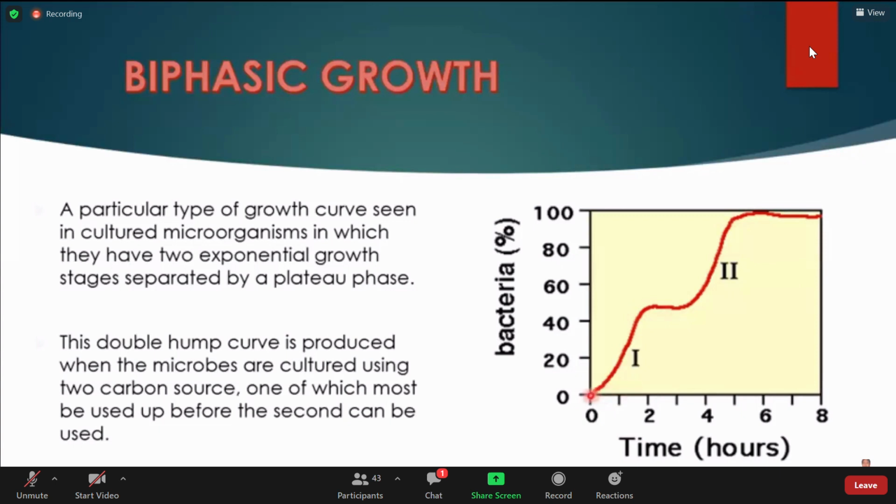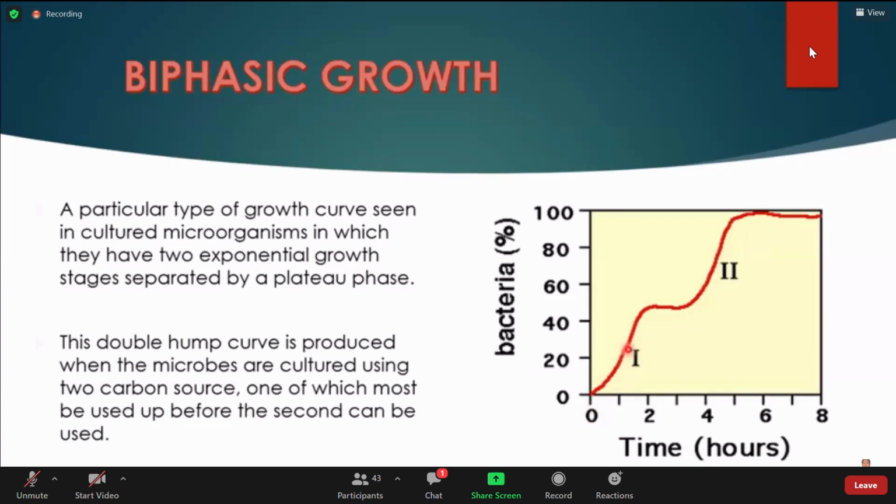Basically we'll have a big lag phase at first, but here we are going to have a very short lag phase, produced by an organism utilizing two different substrates. One can be glucose and the other can be something else. So this is a particular type of growth curve seen in a cultured organism in which they have two exponential phases.